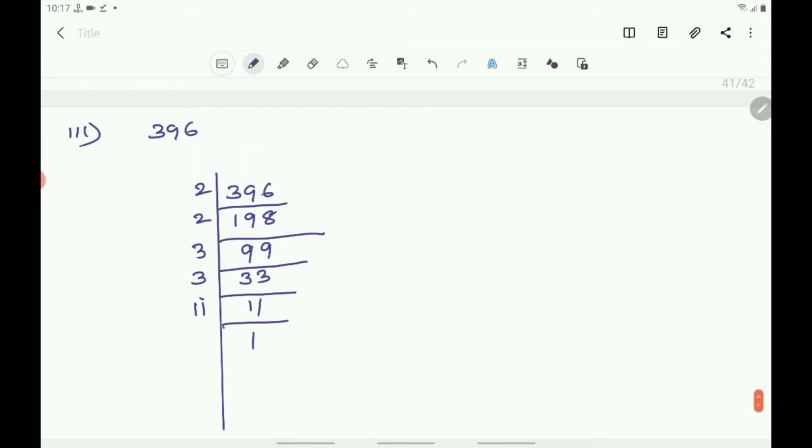Now you can make out here 11 is single, means it must be divided by 11 to make it a perfect square. Then you take 396 equals 2 into 2 into 3 into 3 into 11. Then you divide both LHS and RHS by the 11, which is a single.